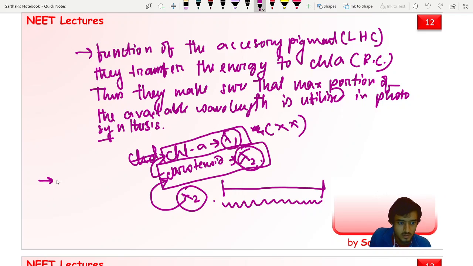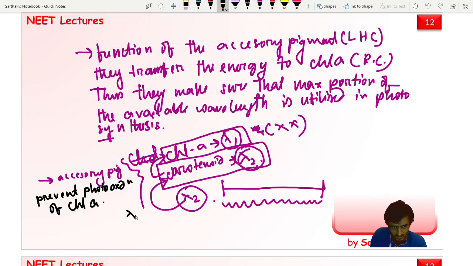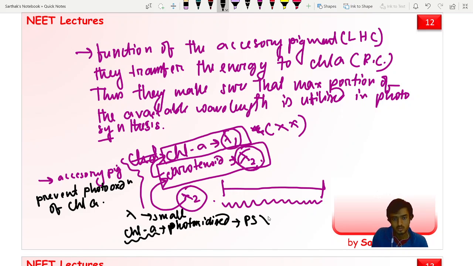And the second function of the accessory pigments is that they prevent photooxidation of chlorophyll A. Basically, if the wavelength is very small, chlorophyll A gets photooxidized, and if chlorophyll A gets photooxidized, the photosystem will be non-functional.